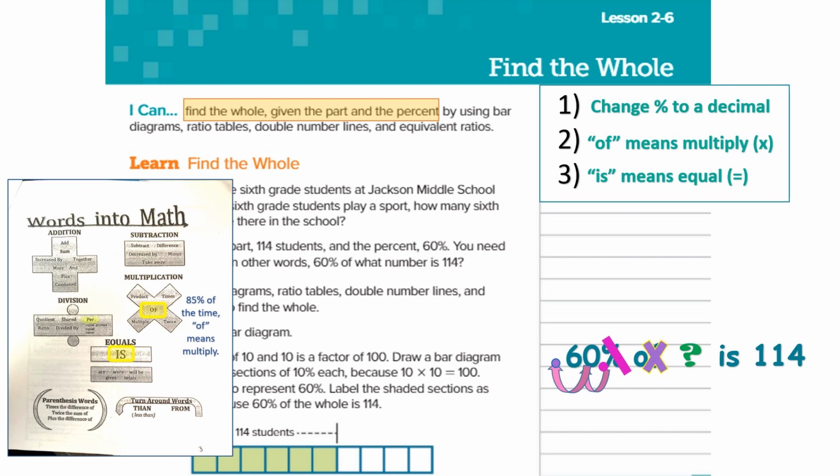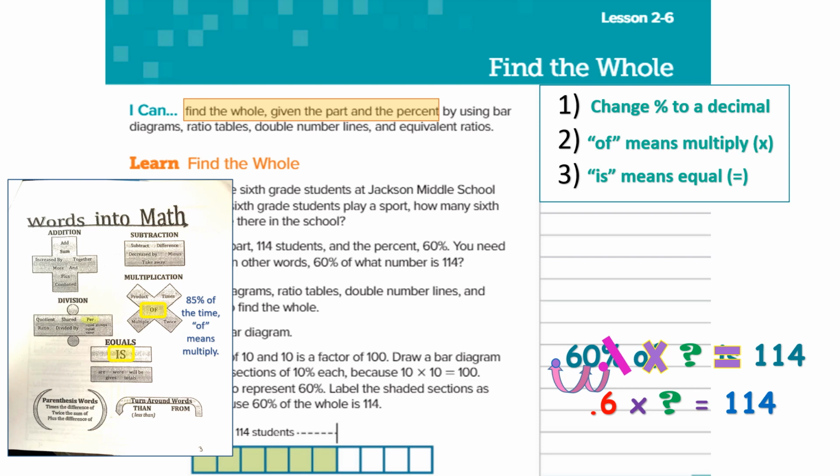We know that of means multiplication, and that is means equals to. So the math problem that we're going to work, instead of dealing with 0.60, the 0 doesn't change the number at all. And I know that I'm going to have to be shifting decimals, and I don't want to have to do it more than I need to. So I'm just going to drop that extra 0 off and just use 0.6 or 6/10.